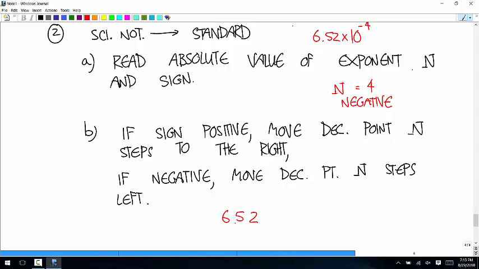And we started with it here. We're going to move 1, 2, 3, 4. So there's the new location of the decimal point. All these get zeros. And so that's the number in standard notation. Any questions about that?